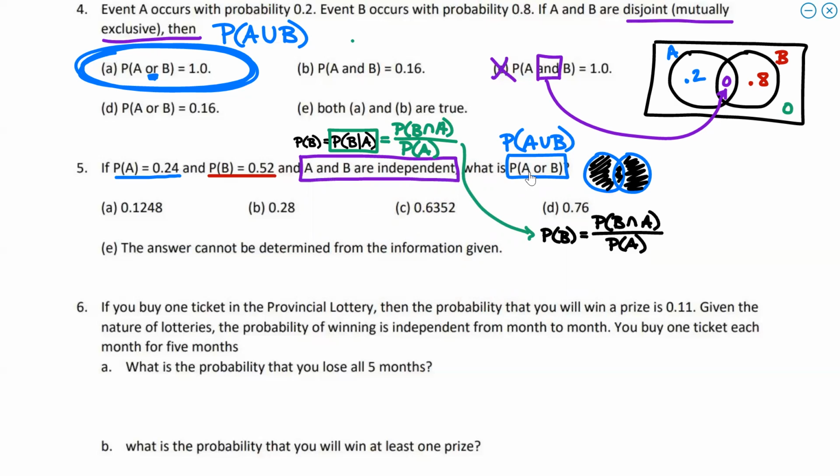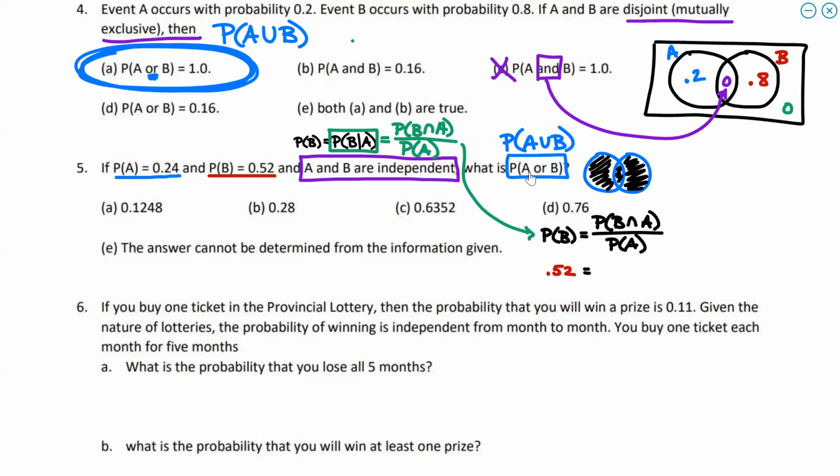I know the probability of B, I know the probability of A. So do I have the opportunity to figure out the chance that they both happened? Yes, I have all the information that I need. The probability that B occurred is 0.52. Do we know the chance that they both happened? Nope, they didn't give me that.